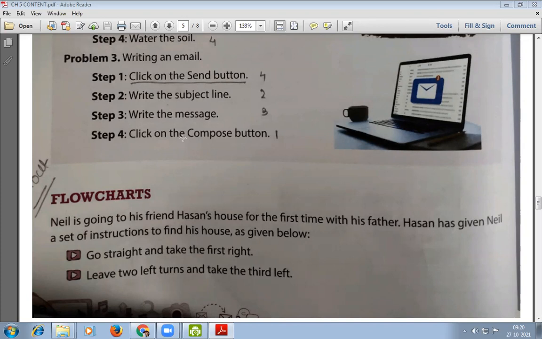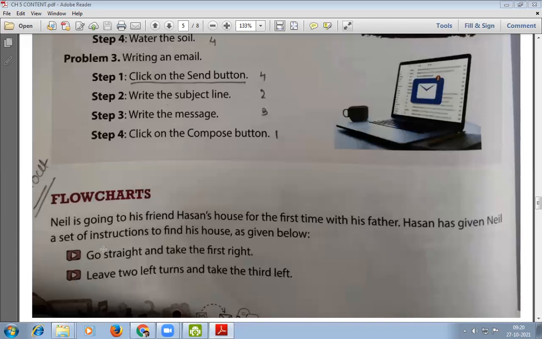Okay, so Neil is a boy who is going to his friend's house along with his father, and Hassan is the friend who already provided Neil the directions to his house. So the directions or the instructions to find his house are given below.